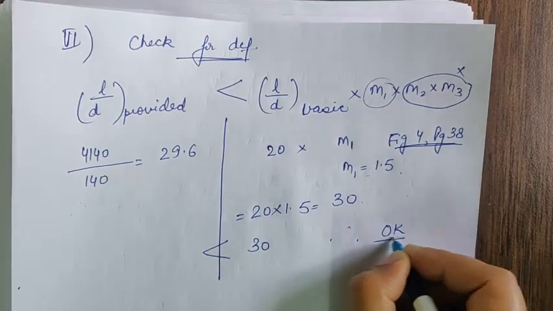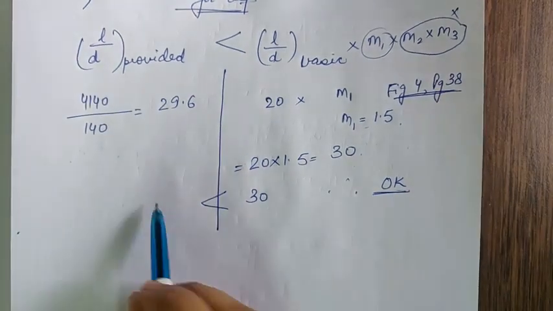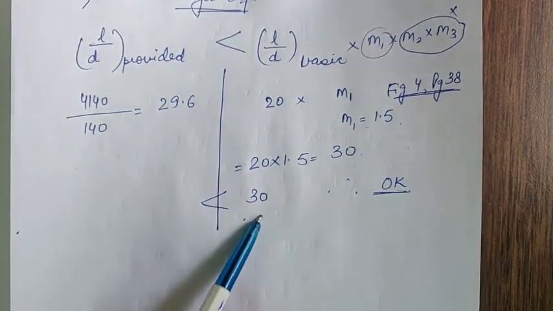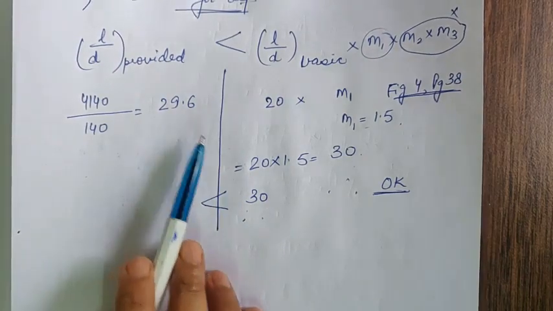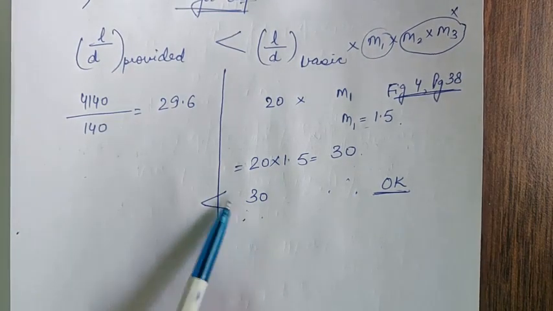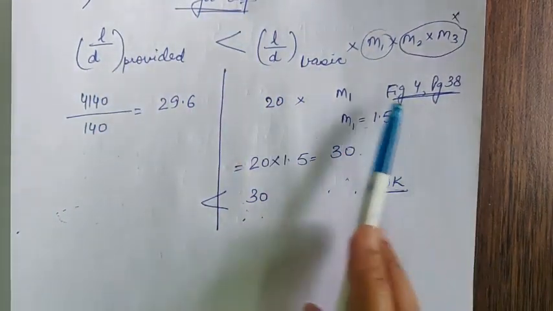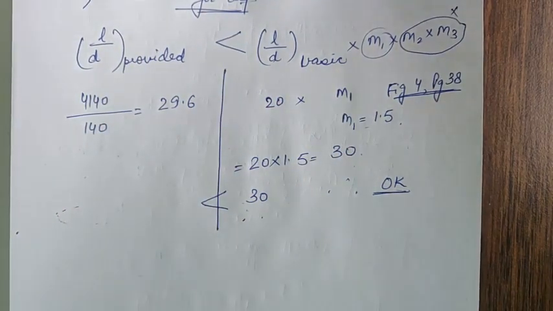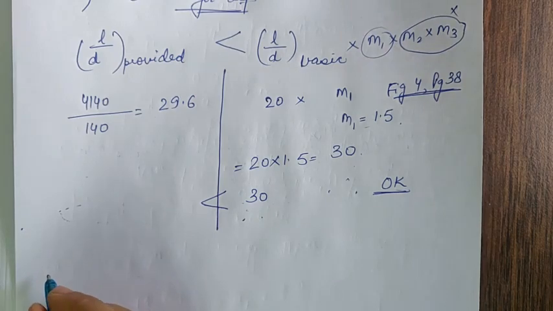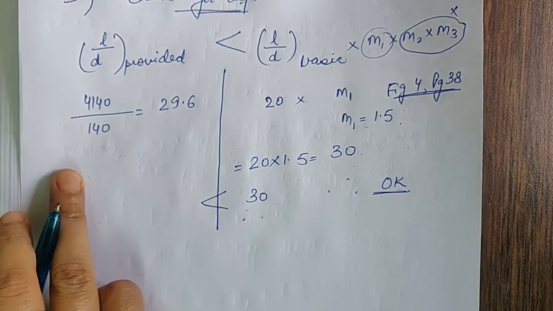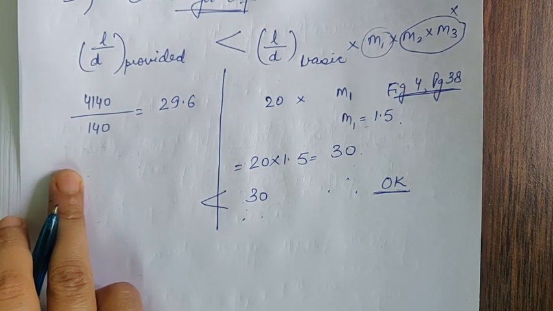Therefore, the slab is safe in deflection. You can see it is marginally safe. So whatever depth we are providing from the stiffness criteria will help us in getting this particular check. Okay. Check for deflection is done.